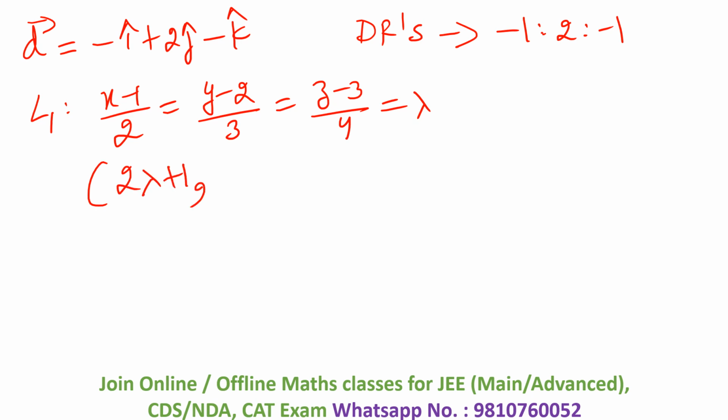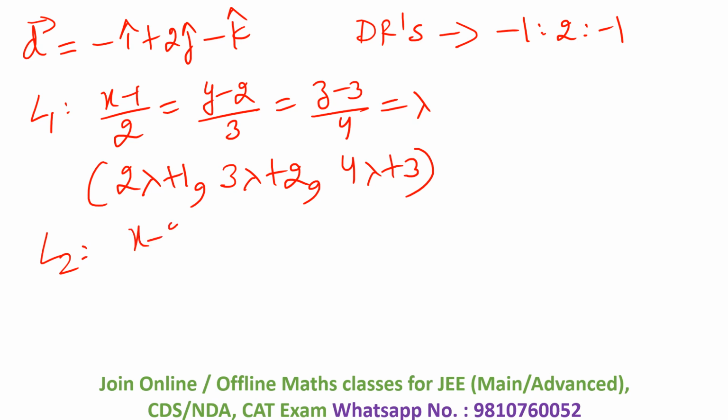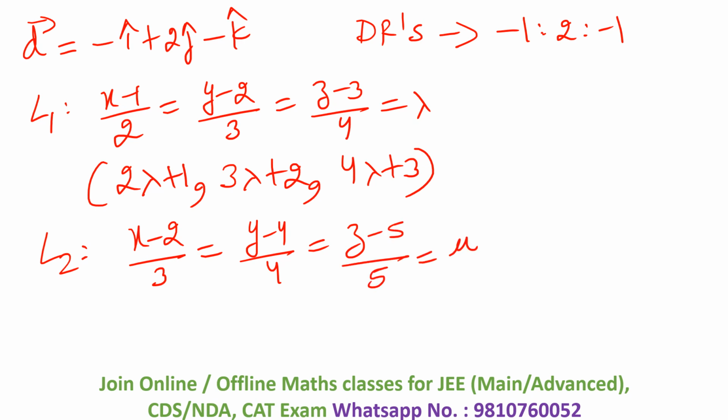It becomes (2 lambda + 1, 3 lambda + 2, 4 lambda + 3). Right? Now do the same thing for the line L2. The equation of L2 is (x − 2)/3 = (y − 4)/4 = (z − 5)/5. Put it equal to mu, and from here get the general coordinates of any point lying on this line.